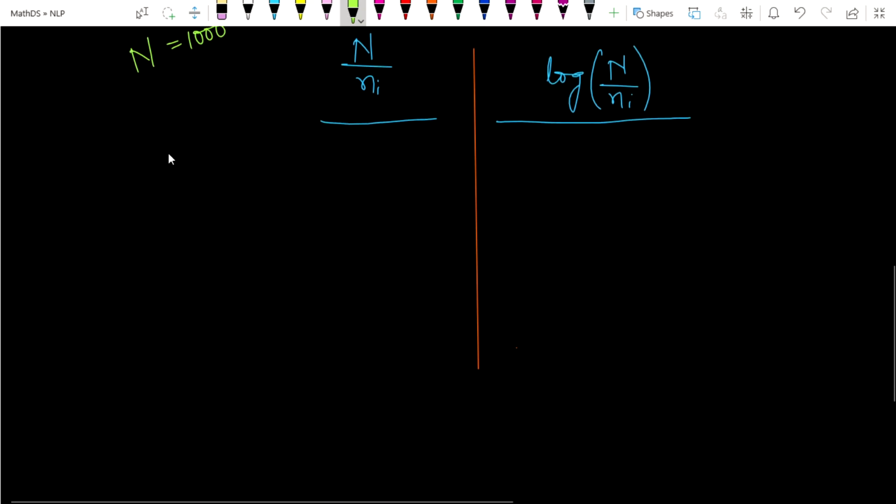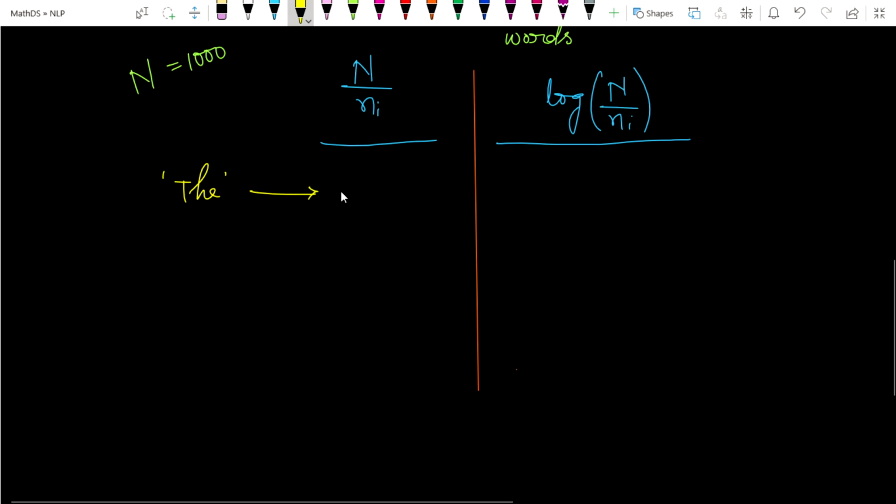Suppose I take the word 'the'. It's the most common and most frequent word in English literature. So this value will be approximately 1, meaning 'the' occurs in most of the documents.